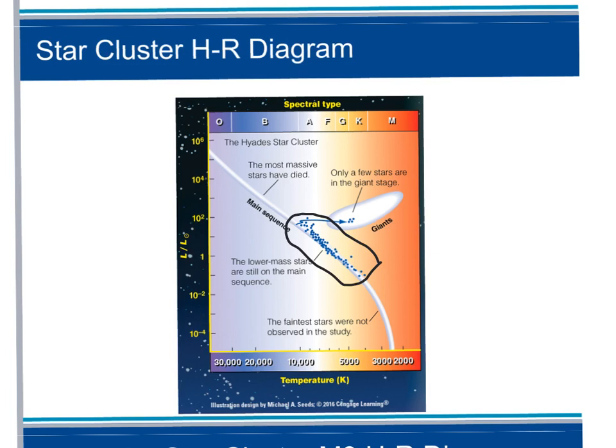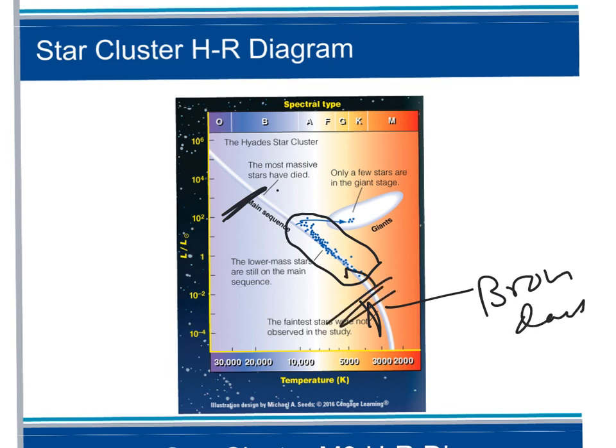So your cluster gets put on this main sequence somewhere, and it means everything above here has already died, and everything down here is still a brown dwarf. They're too faint to see. So we still have the brown dwarfs, so they haven't evolved yet. So these are different stars down here, and then these are the ones that have died off.